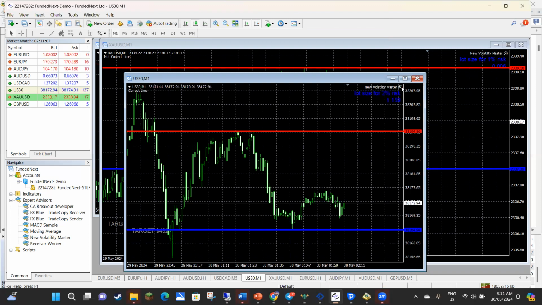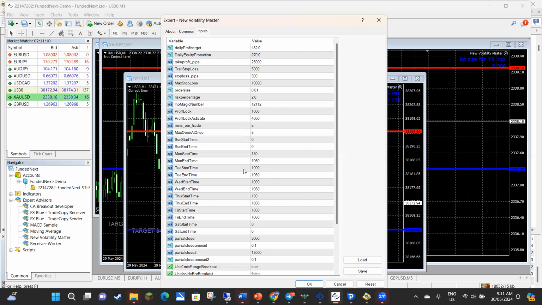So that's how the time parameters here work. And 1,000 minutes is 10 minutes after the US 30 opens, which for me here in Queensland is 11:30 at night. And my end time is I'm just allowing it to add new trades for 60 minutes after the news event.